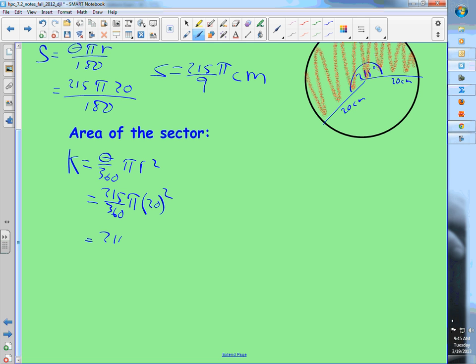So 215 over 360 pi times 400. When you reduce, we get 4300 pi over 9 centimeters squared.